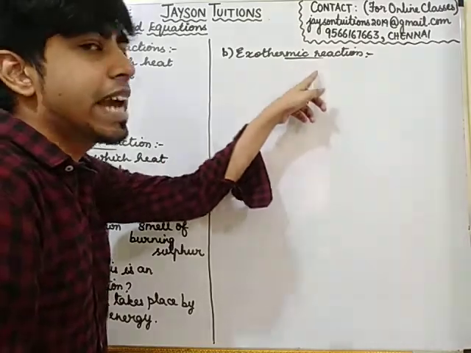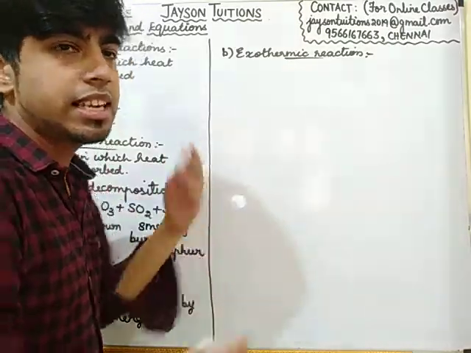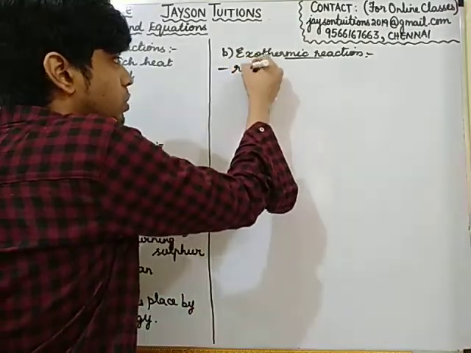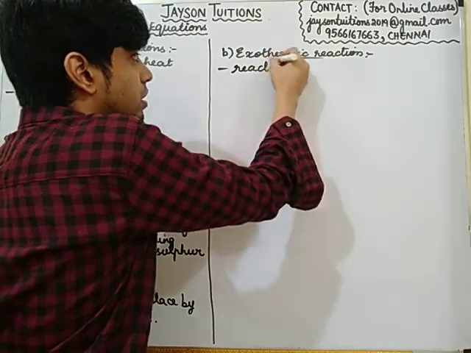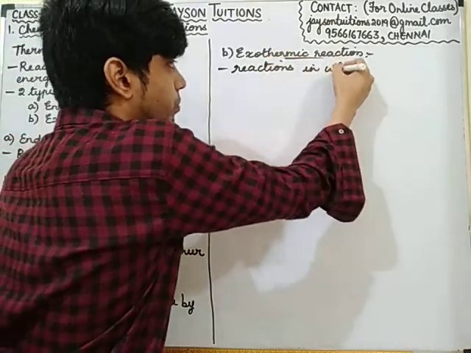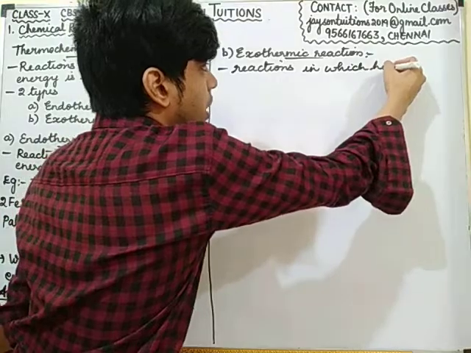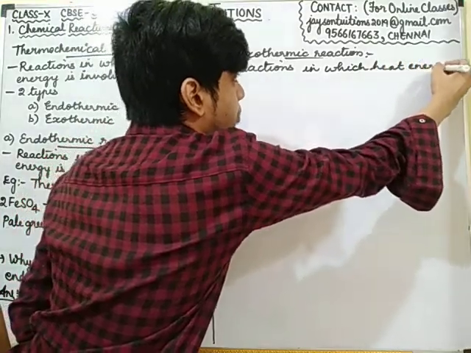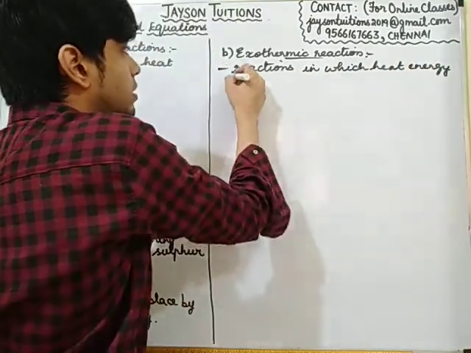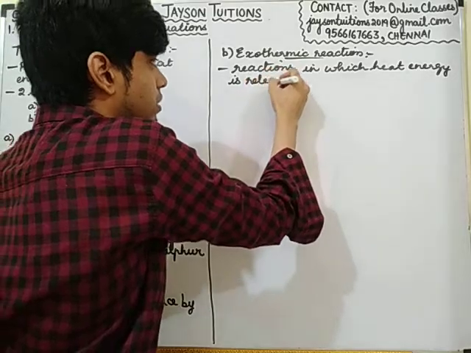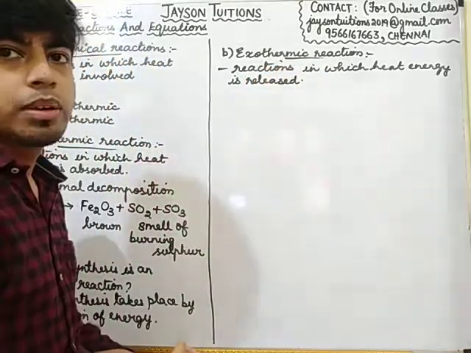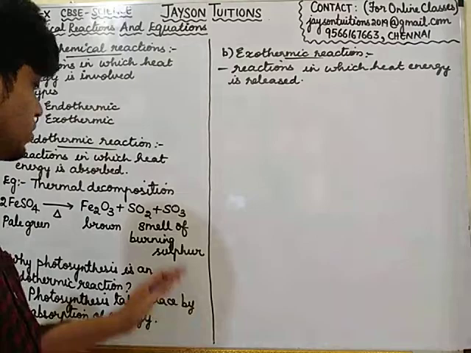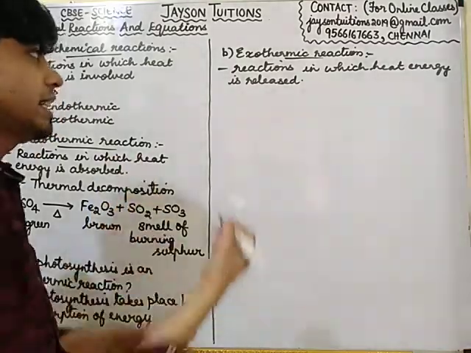Exothermic means the reaction in which heat energy is released. So the reactions in which heat energy is released are called exothermic reactions.